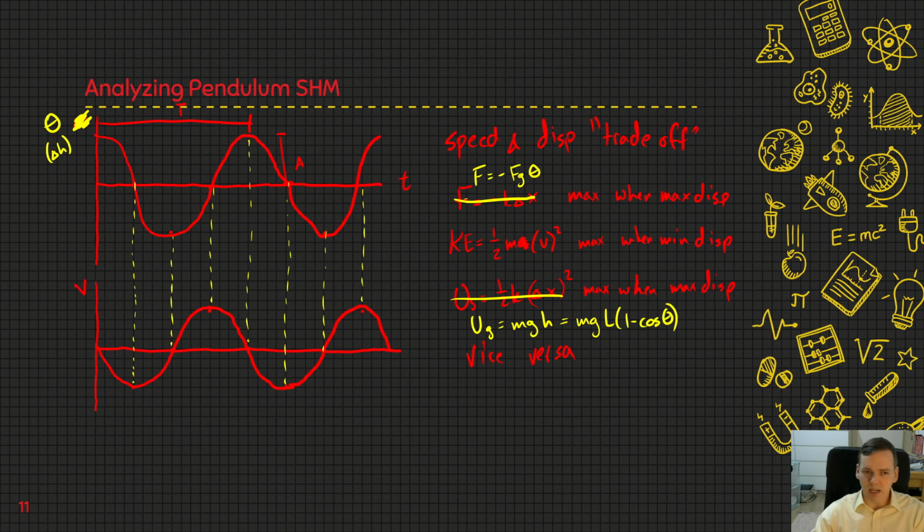This is the kind of reasoning you've got to be comfortable with for analyzing the motion. Otherwise, it would be questions like, if you increase the length of the pendulum, what happens to the period? Once we get into some of these questions, you'll see it's all pretty straightforward, but that's the idea behind pendulums.